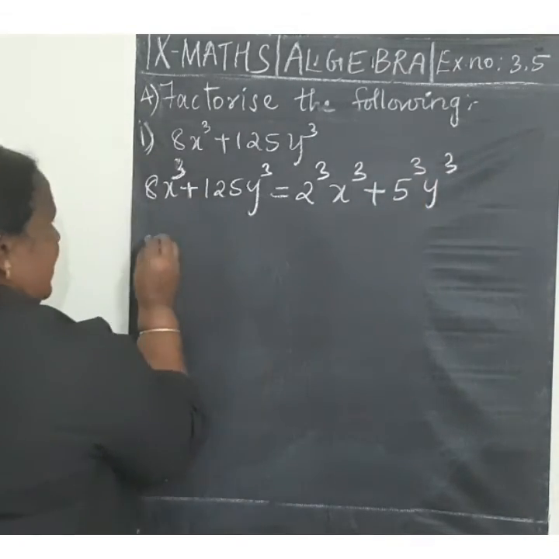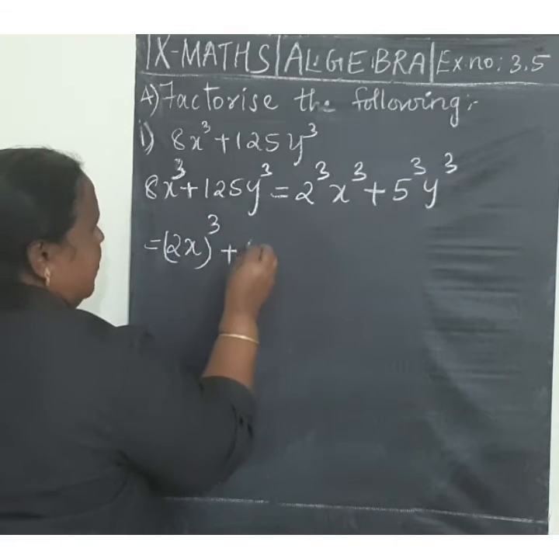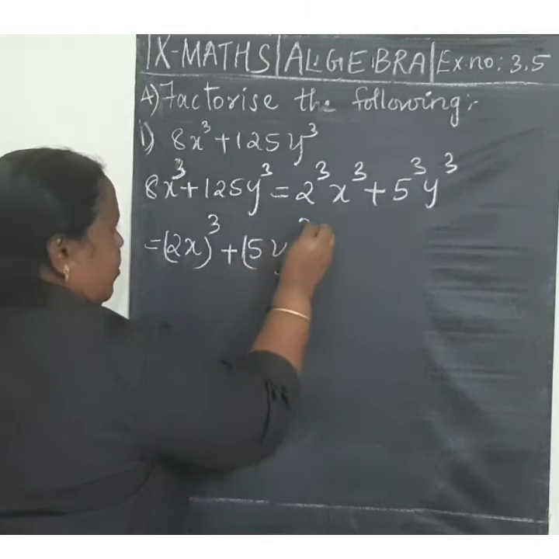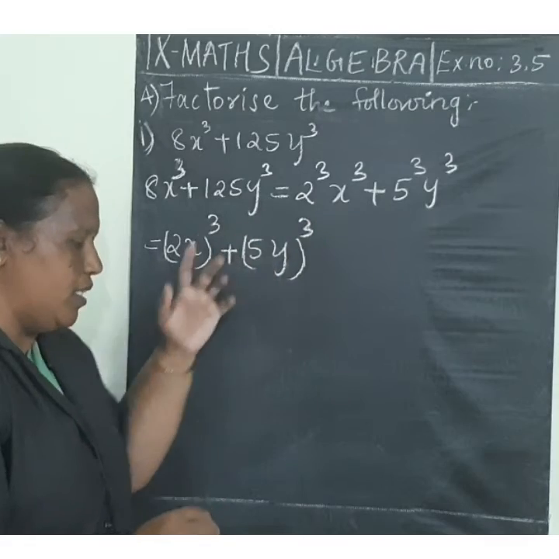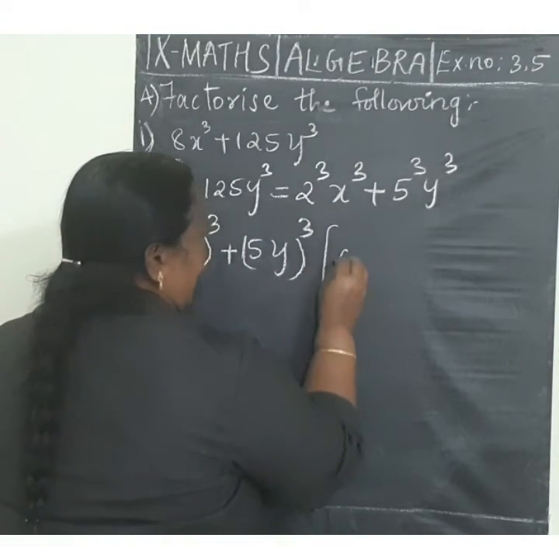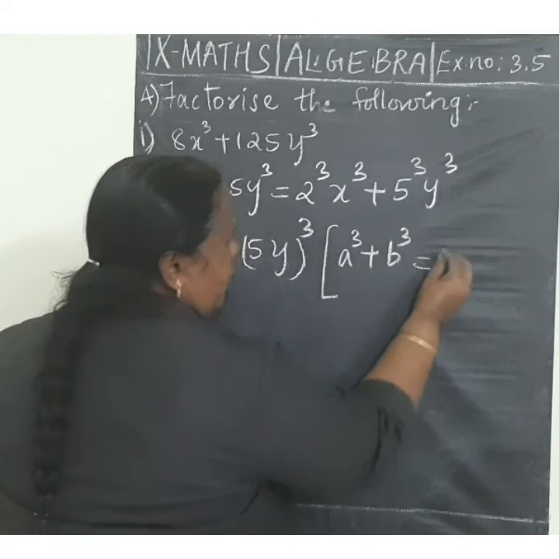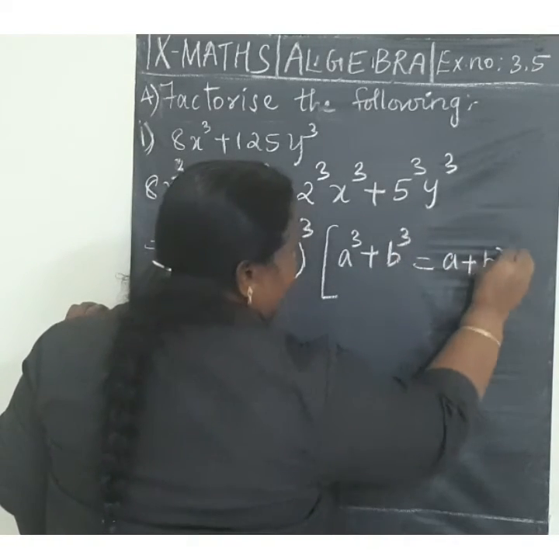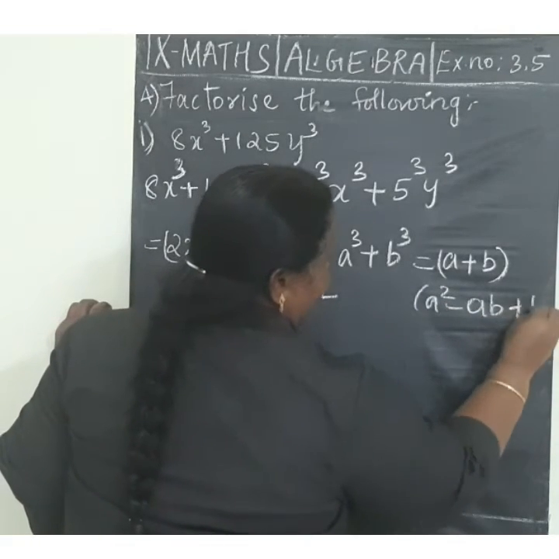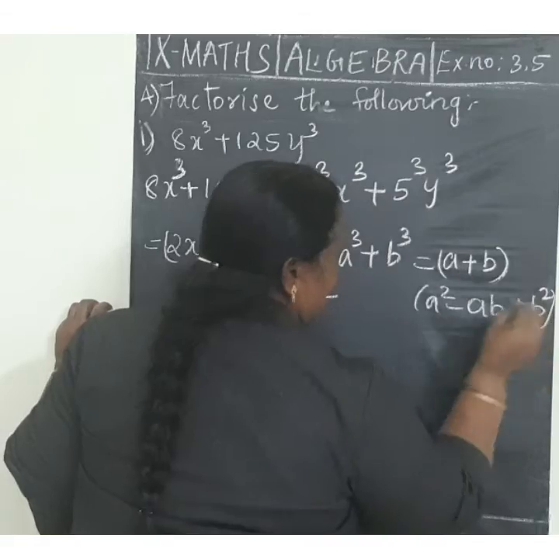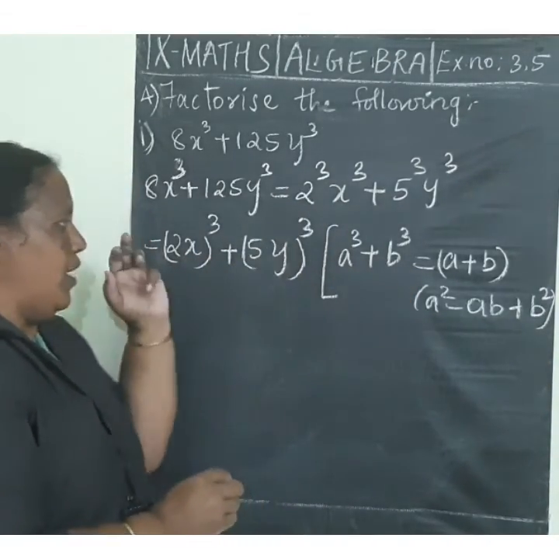So this one again we can write as (2x) the whole cube plus (5y) the whole cube. Now it is in the form of the identity a cube plus b cube, which is equal to (a plus b) into (a square minus ab plus b square). Now our a is 2x, b is 5y.